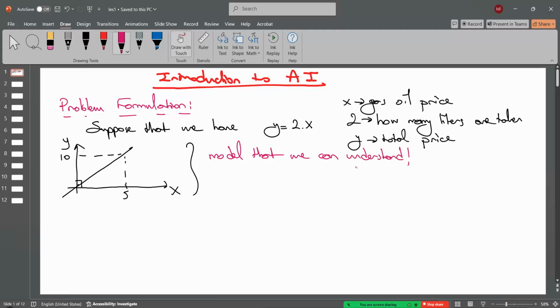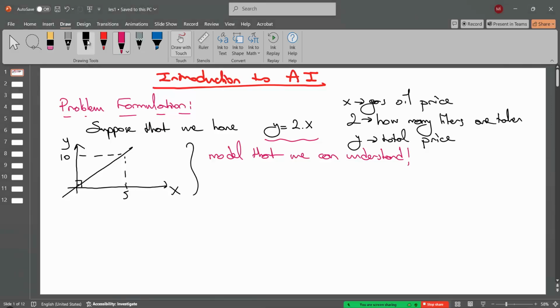This is simple, right? If you have any gas oil price in here, it can be calculated by the x, and we can multiply this x with the liters in here, and also we can calculate the y. This is a simple model in order to calculate how we can obtain the equation of this process.